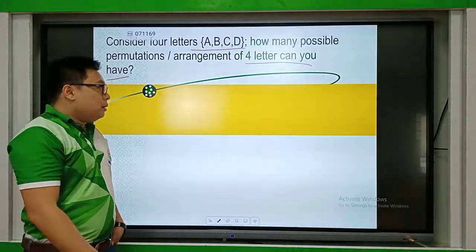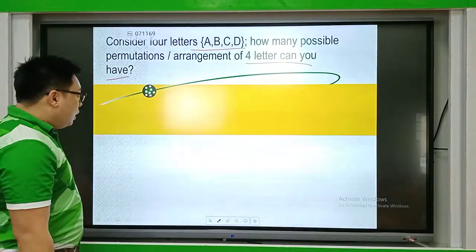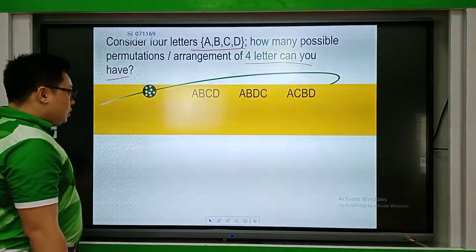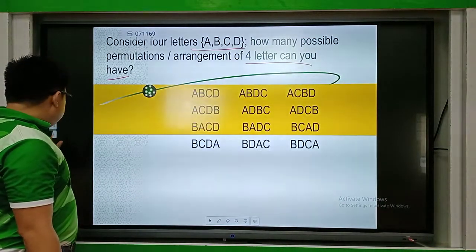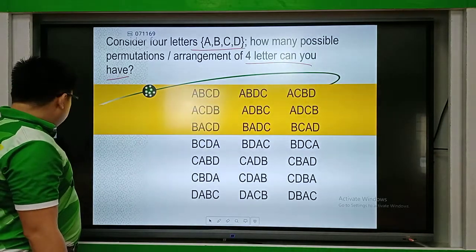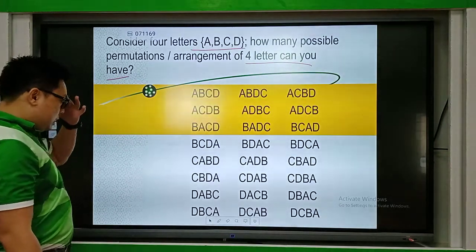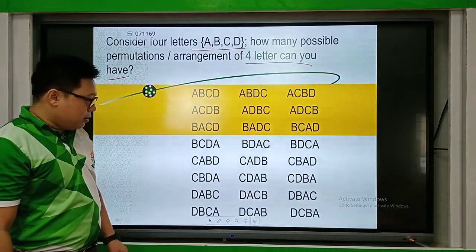So n is 4, and r is also 4. There are actually a lot of permutations too, right? There are a lot of possible arrangements for choosing 4 out of 4 letters. So we actually have 24.